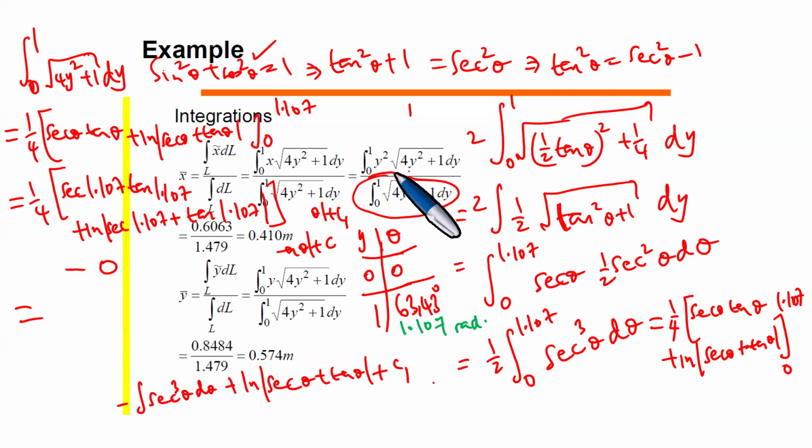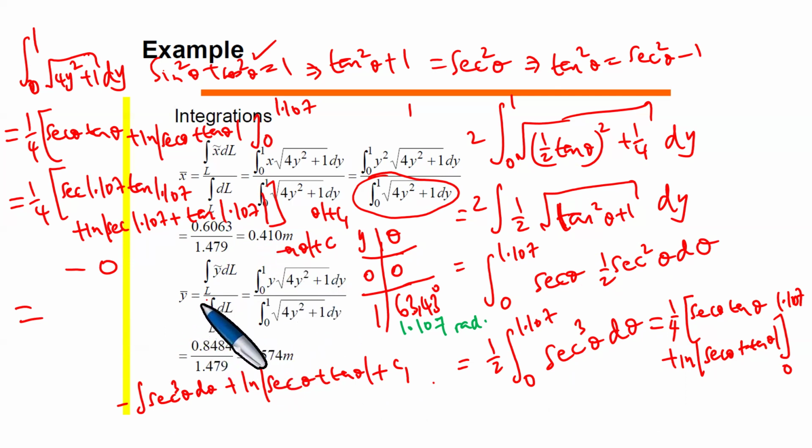And then here you can use y equals 1/2 the tangent. But now it's going to have something extra. It's going to have higher powers. Sorry, it's going to involve a bit more techniques of integration. But the answer for that one is 0.6063. And then if you divide these two, you get 0.410 meters.